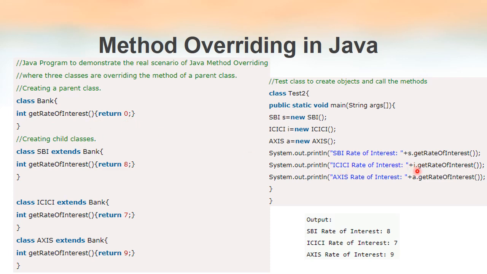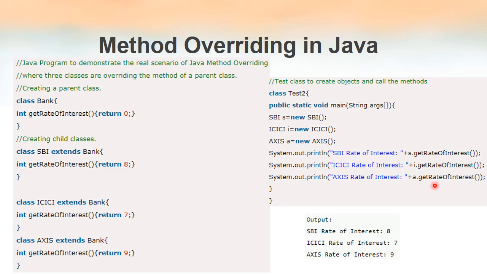Similarly, i.getRateOfInterest call will be going to the method that class ICICI got from class Bank due to inheritance. Again I'll be getting the value of 0. So for all these three banks, the value of rate of interest would have been 0, because it is mentioned as return 0. If instead of 0 it was 10, we'd be getting the answer as 10 for all these three banks.